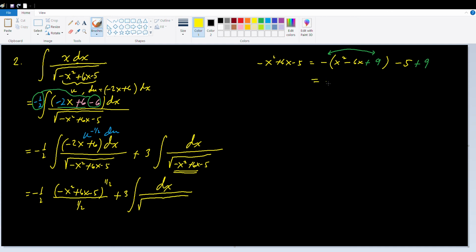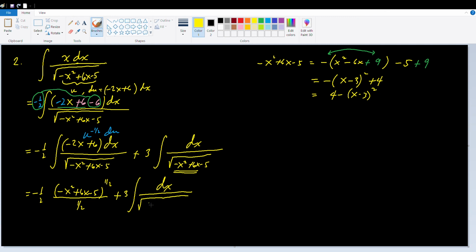This is now equivalent to negative of the quantity x plus a, which is x minus 3 squared. Negative 5 and positive 9 is positive 4, or equivalently that is 4 minus x minus 3 squared.